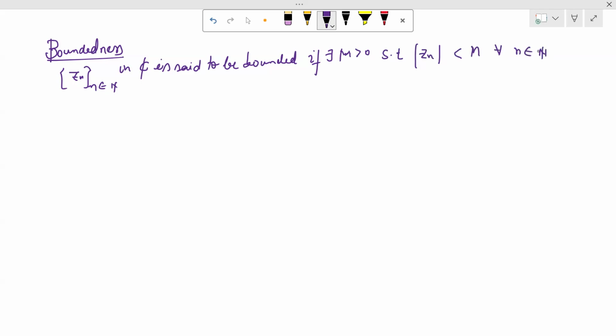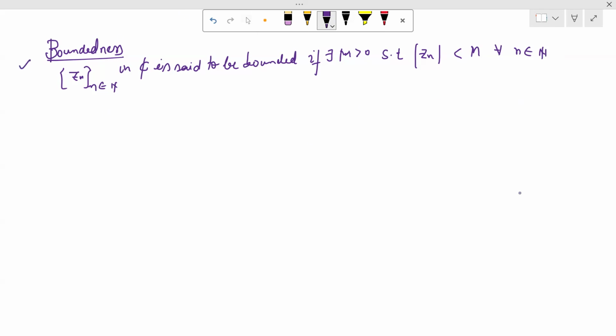So the sequence Zn is said to be bounded if mod Zn can be made less than m for all n belongs to natural. I hope it is clear. So this is boundedness.